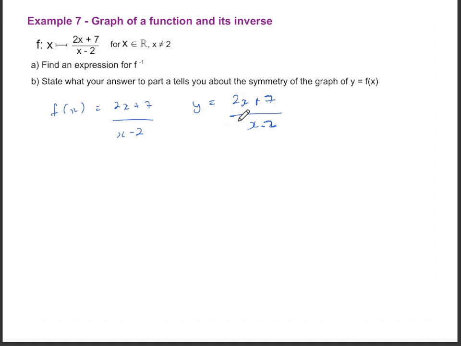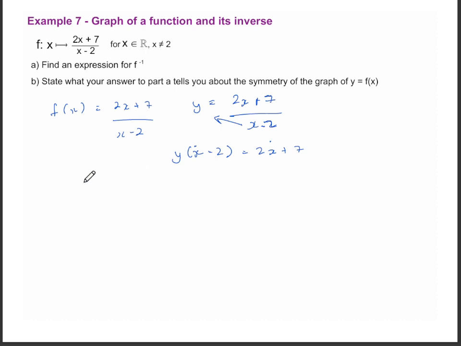So to make x the subject, we need to bring it up here. We have y times (x minus 2) equals 2x plus 7. And you should know this, that whenever you have x on both sides that you want to make the subject, what you want to do is bring them together, and factorize that x out, because that's a common factor.